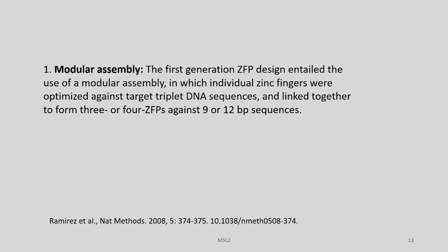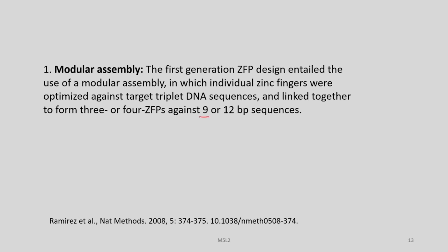Let us first focus on the modular assembly. As the name suggests, we assemble the ZF modules one by one and then attach them to a nuclease enzyme. So, the first generation ZFP design entailed the use of a modular assembly in which individual zinc fingers were optimized against target triplet DNA sequences and linked together to form 3 or 4 ZFPs against 9 or 12 base pair sequences, because one module would bind to 3 bases.